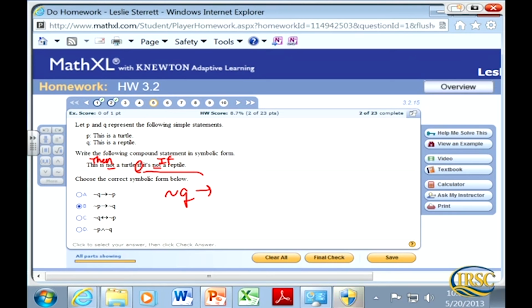Or if you want, you can write your arrow over here. You say, okay, I know it's an if-then, and so I need my arrow. Whatever the if part is has to come first, and the then part has to be written second.